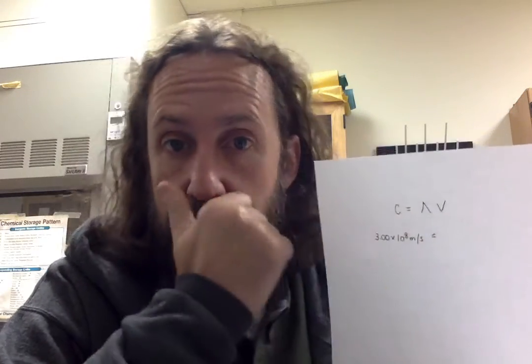And how these problems work is we get either this piece or that piece, and we're asked to calculate the other one. Now, the one thing people have trouble with is when you divide by a scientific number on one of these calculators, you have to put the bottom number, the one you're dividing by, in parentheses.